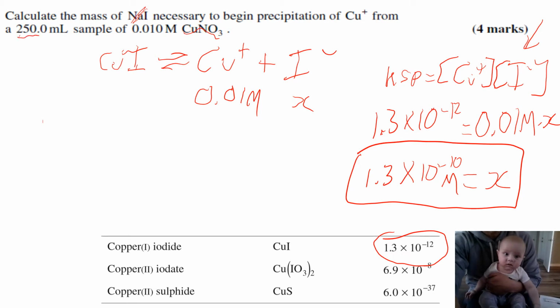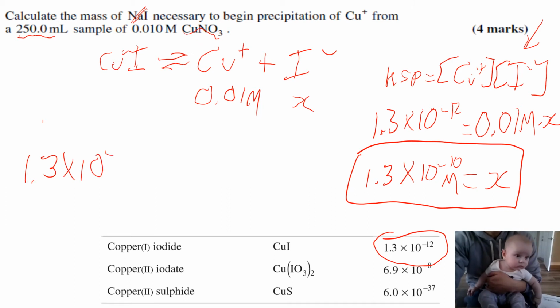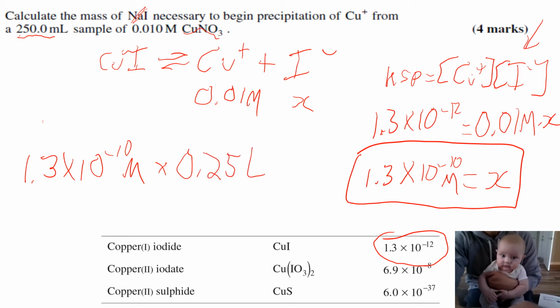We have the volume right here, so we'll calculate moles. 1.3 times 10 to the minus 10 molarity, times our number of liters, which is going to be 0.25 liters. I converted this milliliters into liters right there, and that's going to equal my moles.